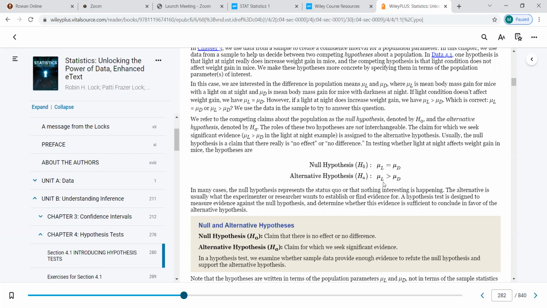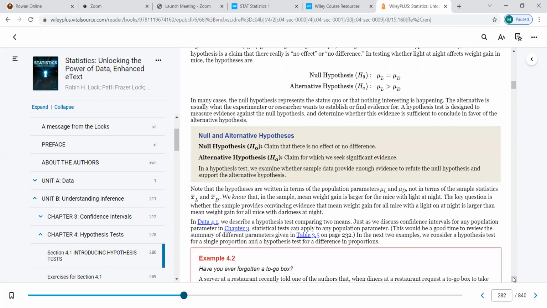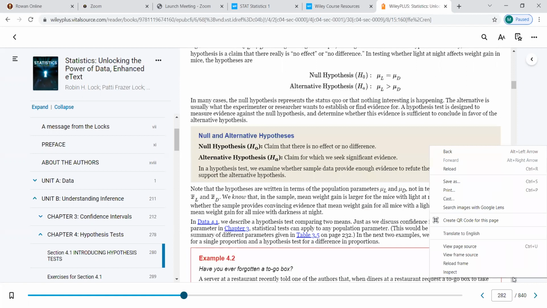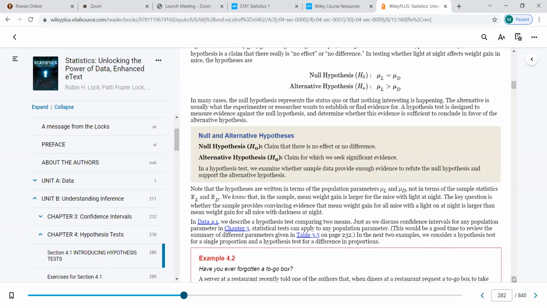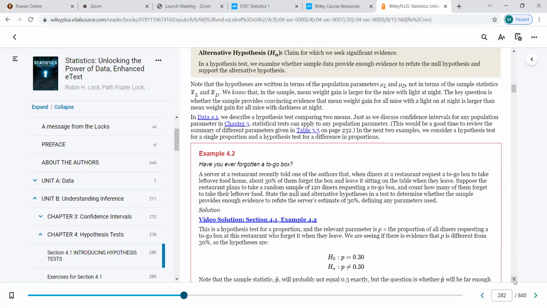Mu is the population mean. All right, so this is just an example of how to set up a null and alternative hypothesis. Again, I would recommend that you read through this. I'm not going to read every word here, but you need to read through it and look through some of the examples and see if you understand exactly what's going on.